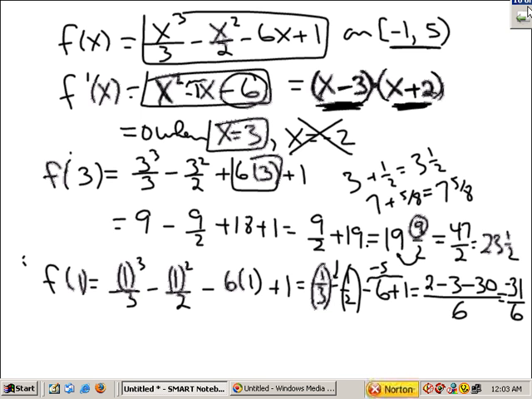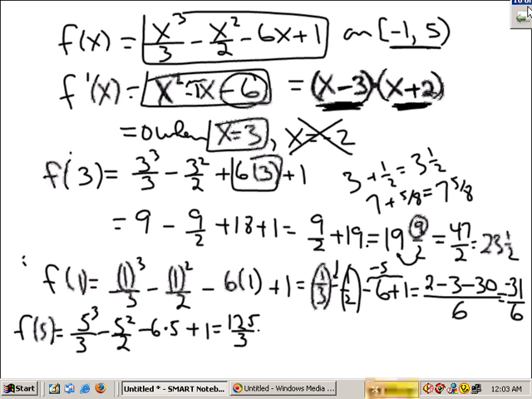Now let's find f of 5. This is 5 cubed over 3 minus 5 squared over 2 minus 6 times 5 plus 1. 125 over 3 minus 25 over 2, minus 30 plus 1, minus 29.